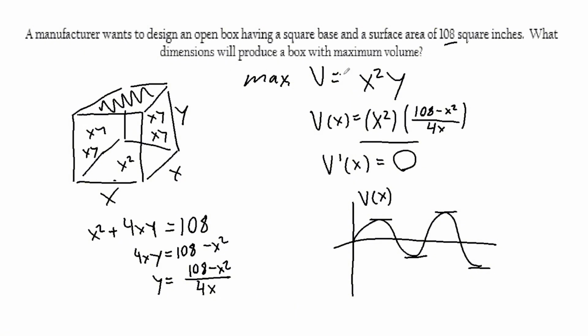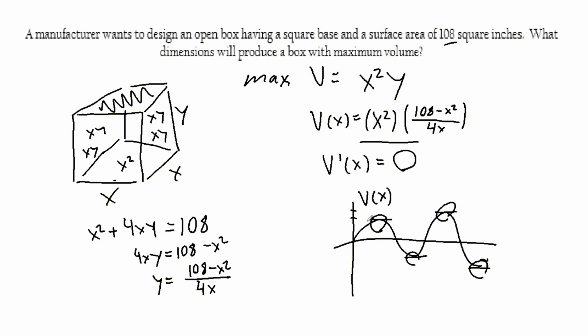Because we're trying to find the maximum volume, the volume is at the highest that it can be. So that's why you set the derivative equal to 0 when you're trying to find what box will have the maximum volume or what box will have the minimum surface area. You're just finding local extrema on this graph of V.